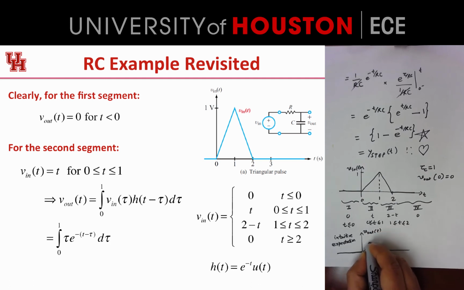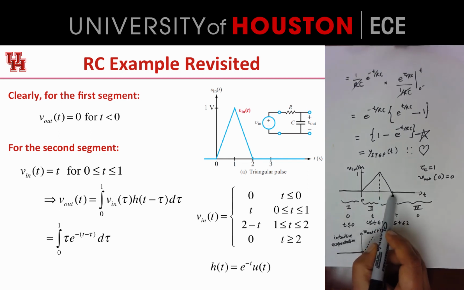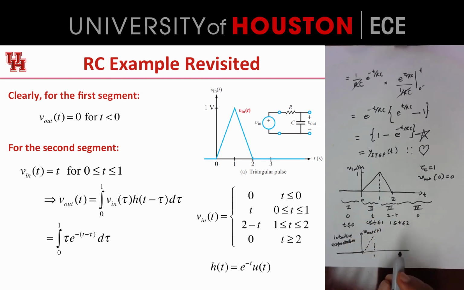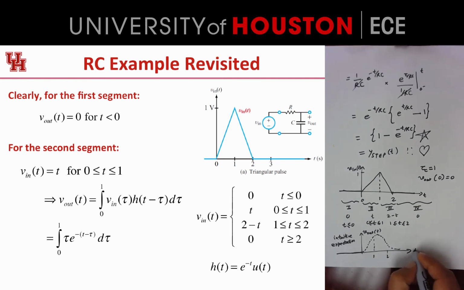So it starts to go up, and we reach 1. After this point, we continue to charge the capacitor, but the charging becomes a little bit less and less strong. But we're still charging it, so the voltage should continue to increase. And then we reach 2, and that's when the charging stops, but then discharging takes over. So the voltage should start going down at that point. That's our expectation of what the output should look like. Let's see if we can get that.